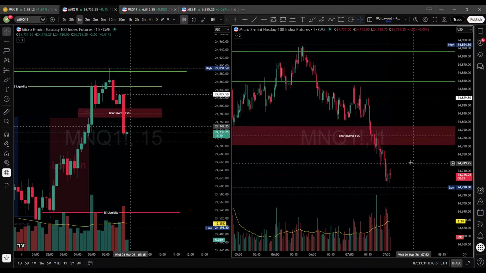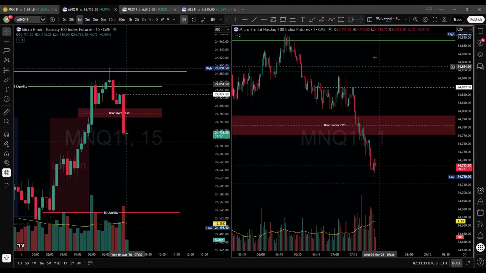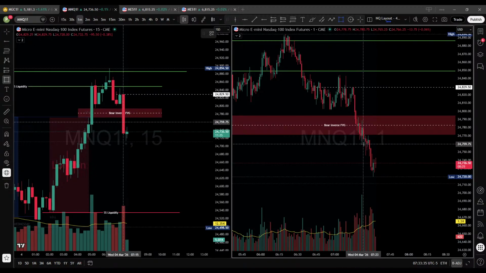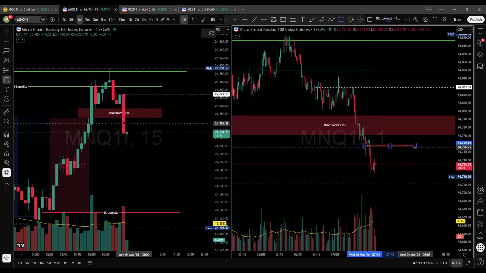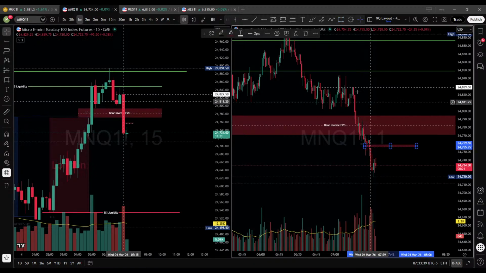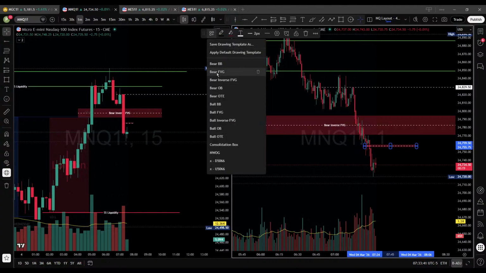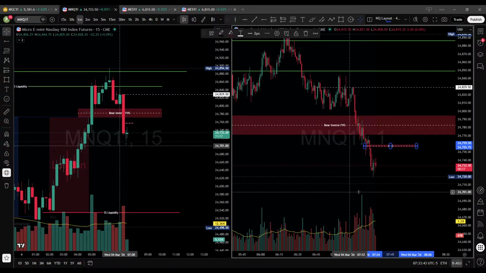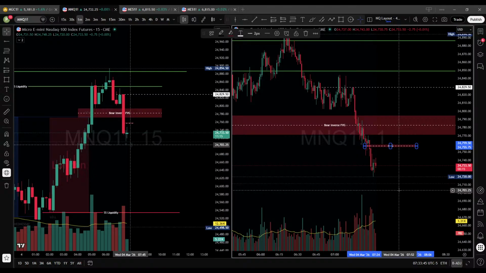There's only one fair value gap which I can see here. Price is moving, but it's not ridiculously. It's not giving us the chances.